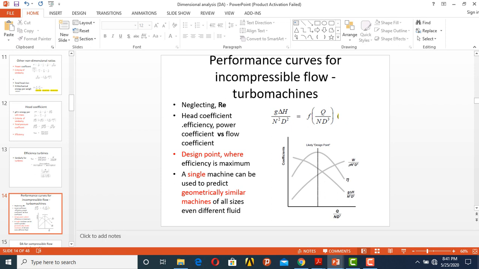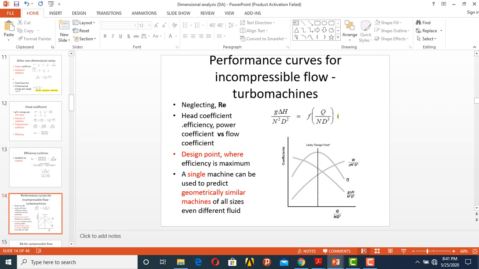And once you have these non-dimensional ratios or constants, you can predict. That's the pretty part of these non-dimensional ratios. It's about predicting the performance of the other machine.